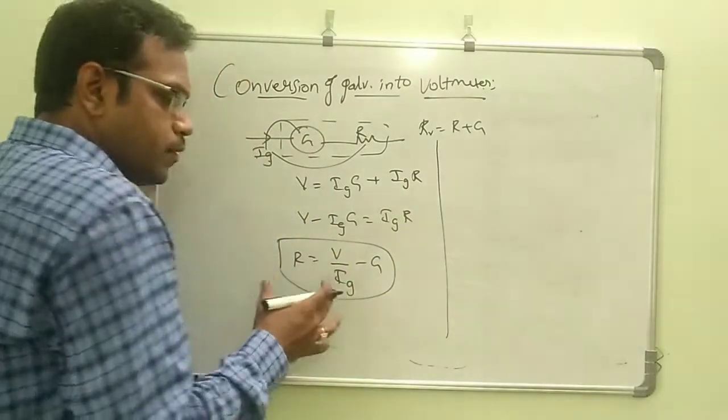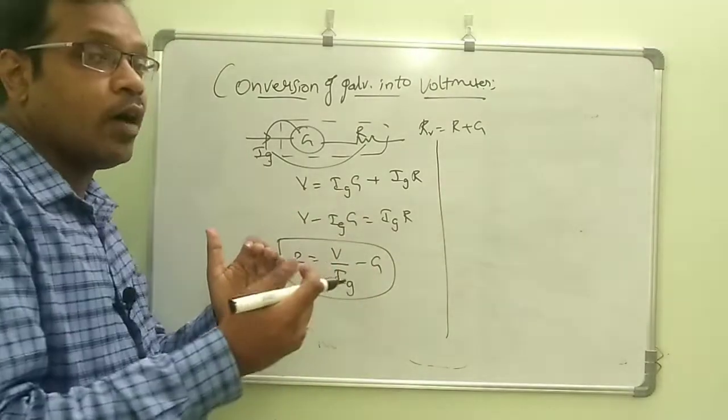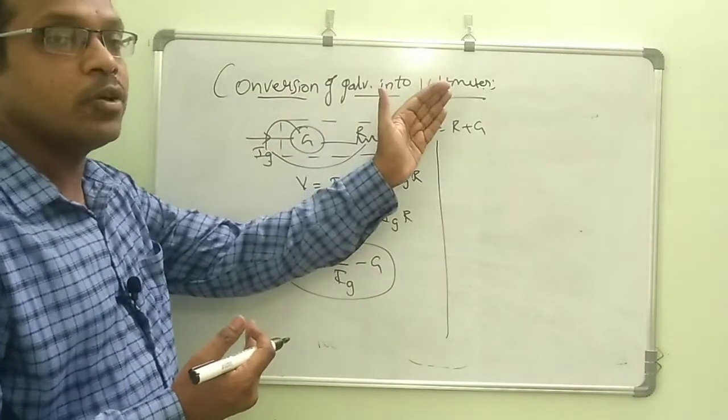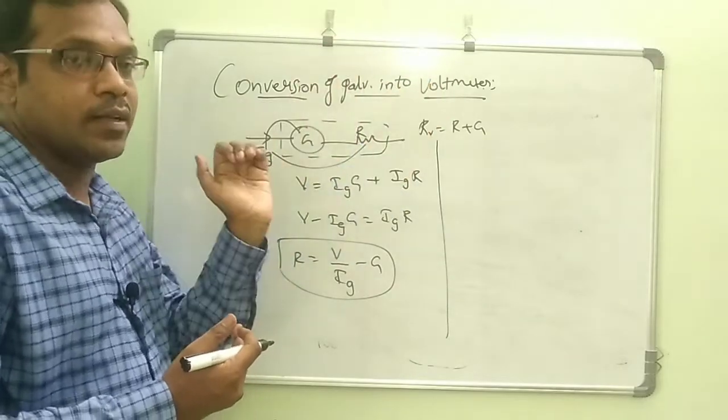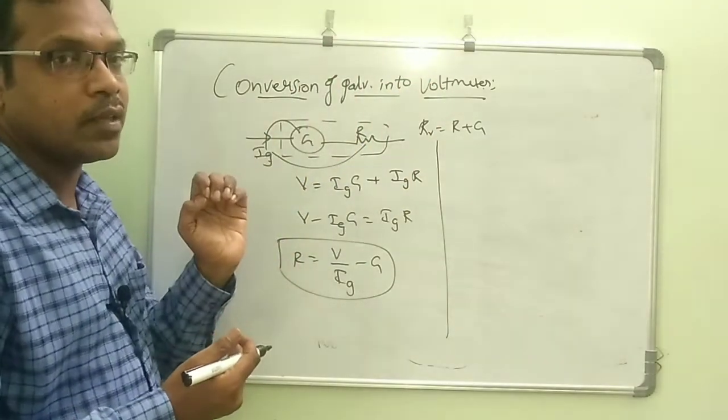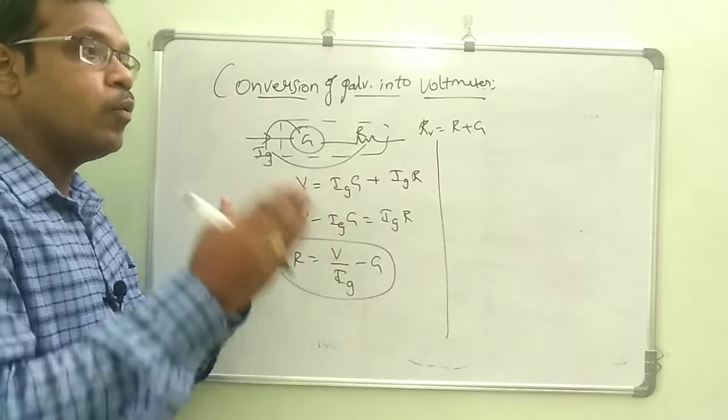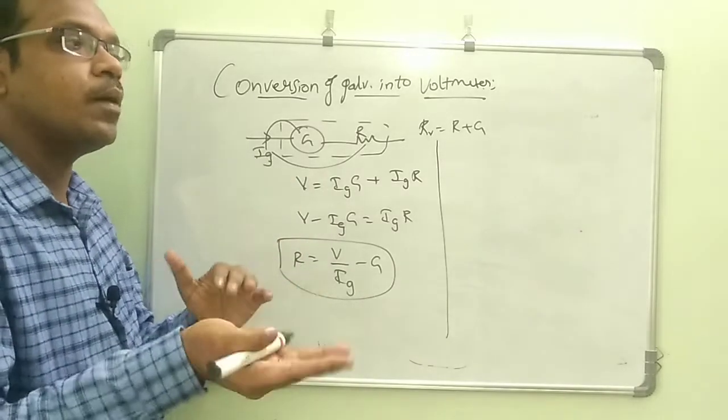And now, using this, we can do the conversion of galvanometer to voltmeter and galvanometer to ammeter. But some problems are there, like voltmeter to ammeter, or ammeter to voltmeter.